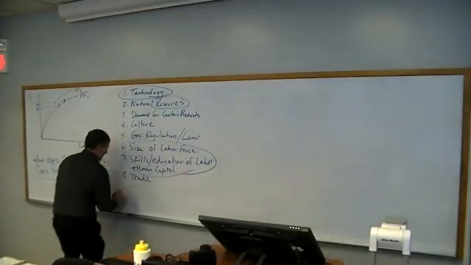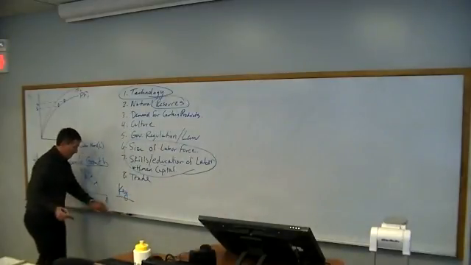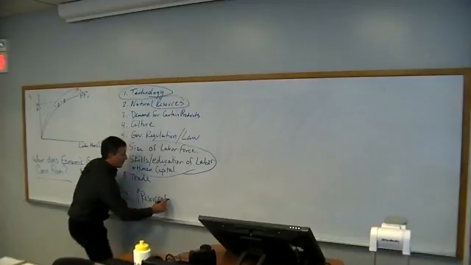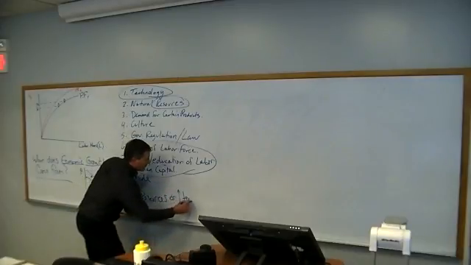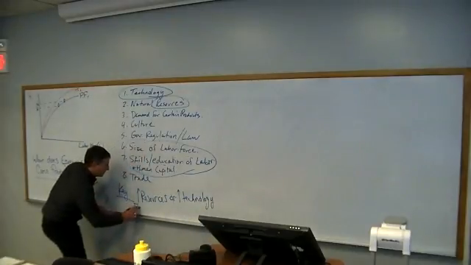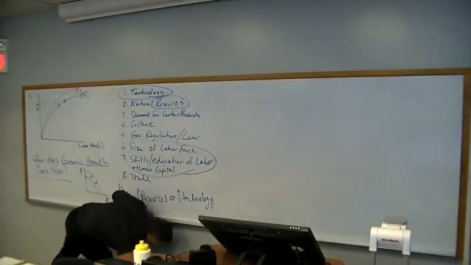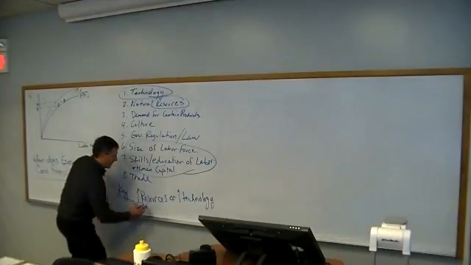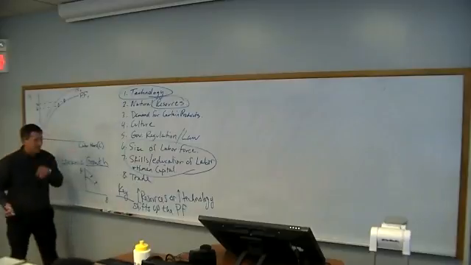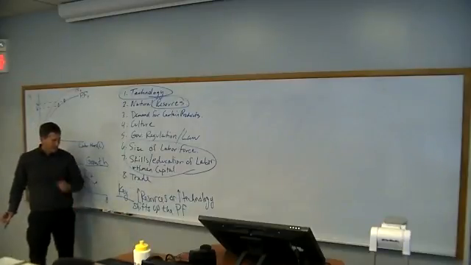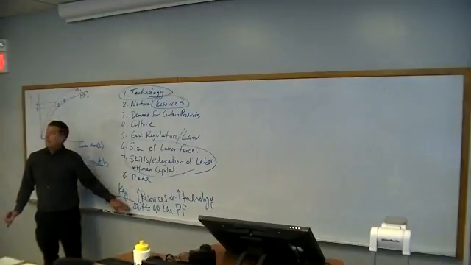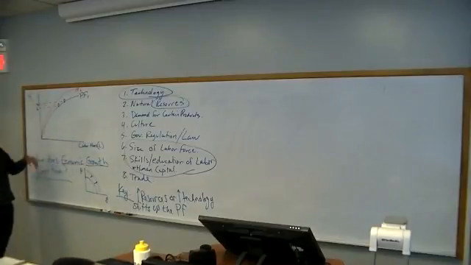So key point, an increase in resources or an increase in technology shifts up the production function. And then I got to clean this up a little bit. So an increase in resources or an increase in technology shifts up the production function, like we've got it shown.